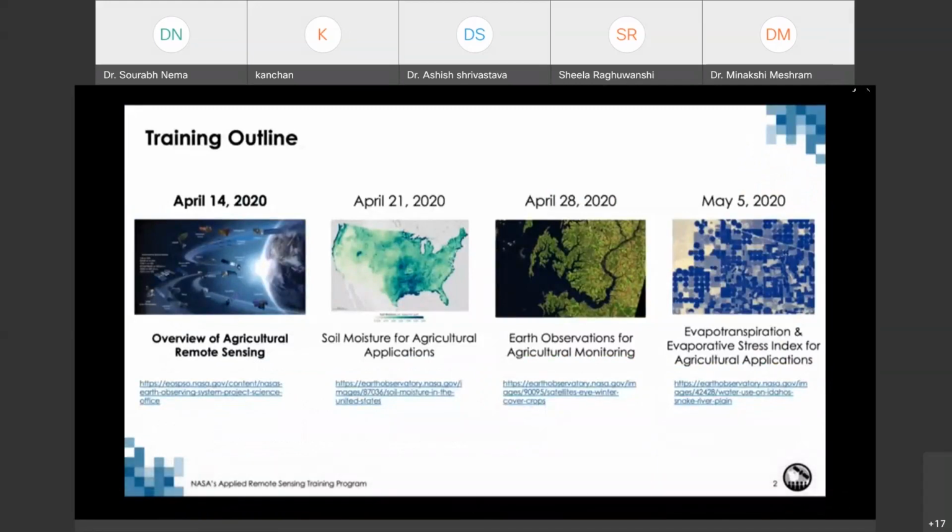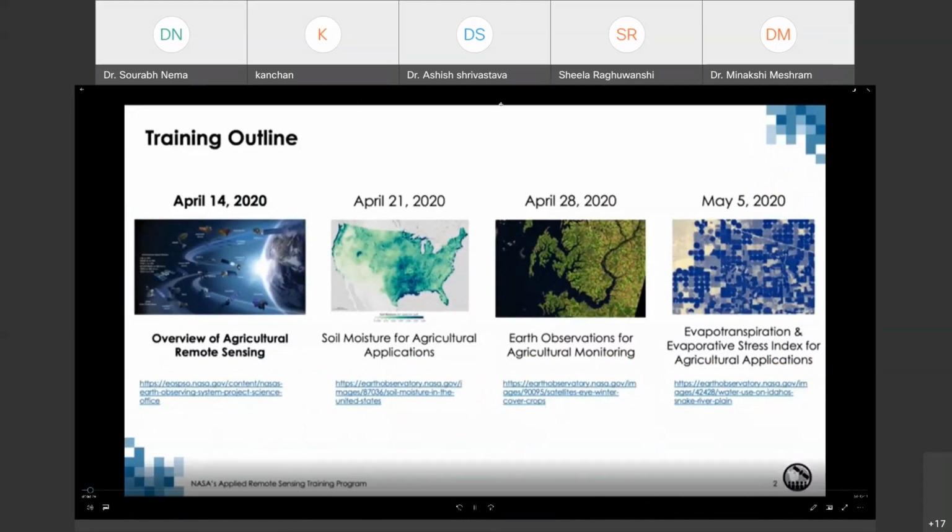The 4-part series will focus on data products, data access, and case studies on how remote sensing can be used for decision-making among the agriculture and food security communities. Today's webinar will provide an overview of agricultural remote sensing, focusing on the history, platforms and sensors, and applications of space-based Earth observations for agriculture and food security.